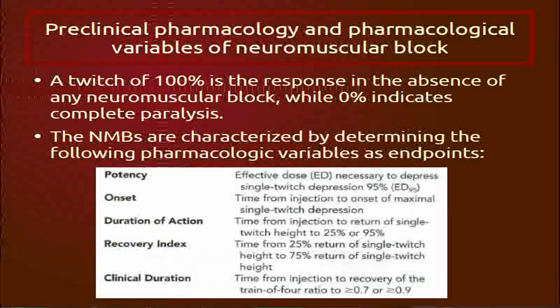That's potency according to Stoelting and Miller. Onset is going to be from the time that you give the drug until your loss of twitch. The duration of action will be your time to return of twitch height from 25% height to 95% height. And then the duration will be determined by your train of 4.